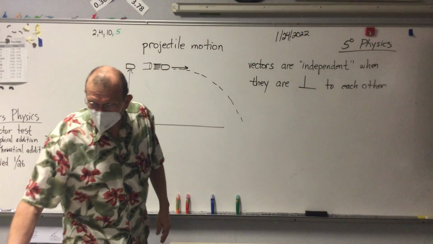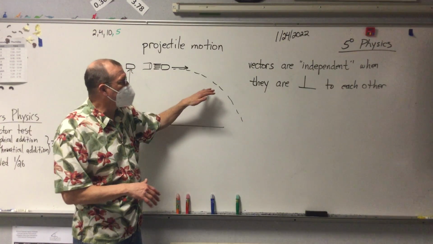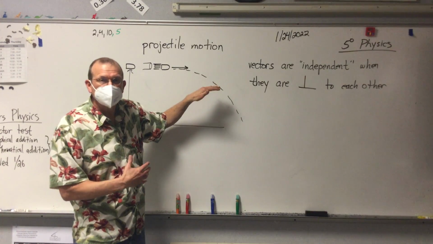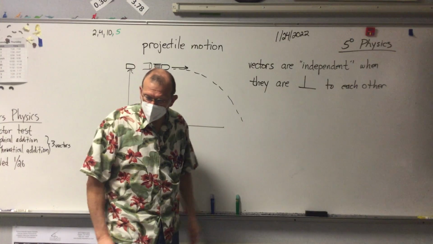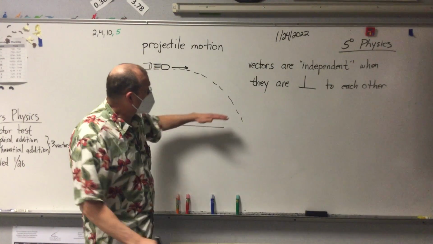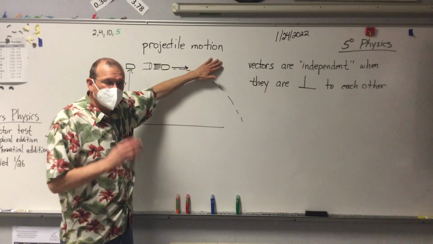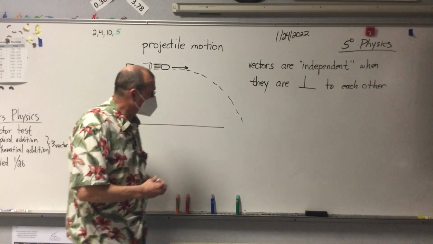And we are going to come to find out that we have different types of motion behavior in each one of those dimensions. So whenever you are thinking of projectile motion, think vertical dimension, horizontal dimension.